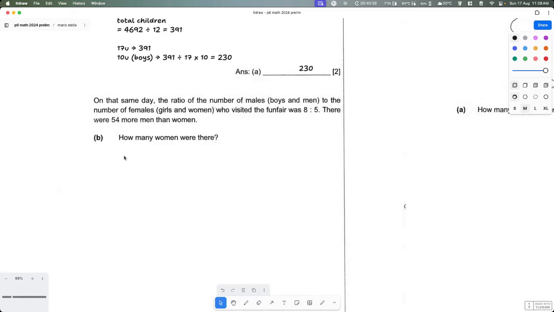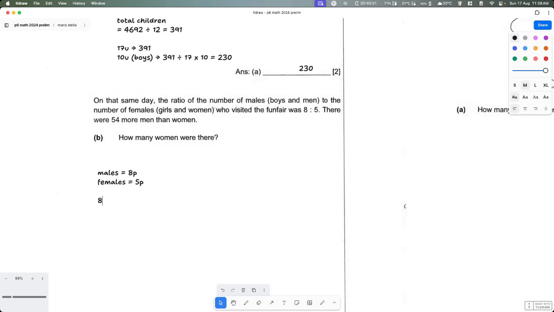Okay, so part B, on that same day, the ratio of number of males, boys and men, to the number of females, girls and women who visited the fun fair was 8 is to 5. There were 54 more men than women. How many women were there? Okay, so we can say males is equal to 8 parts, and then females is equal to 5 parts, right?